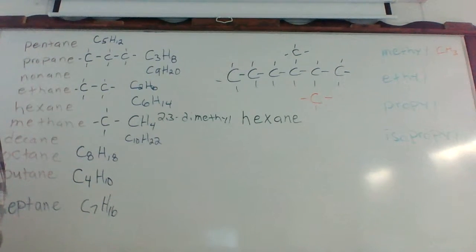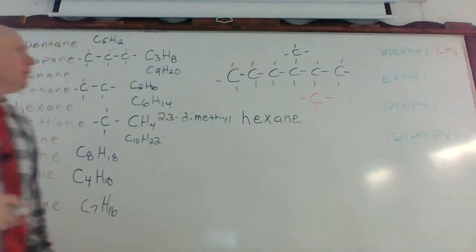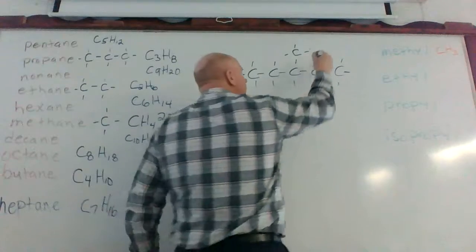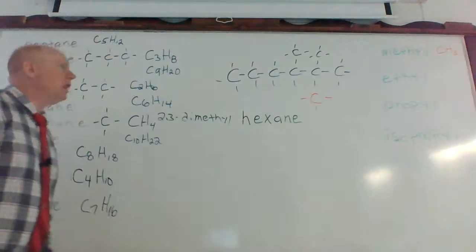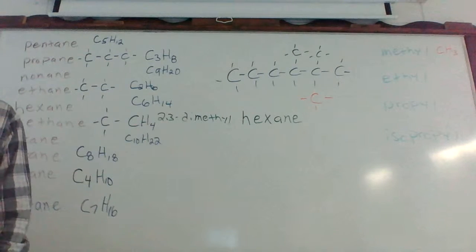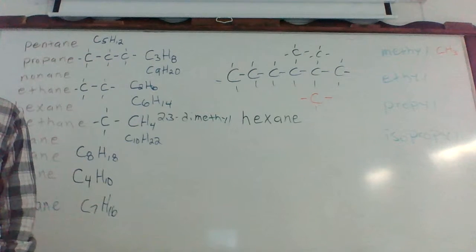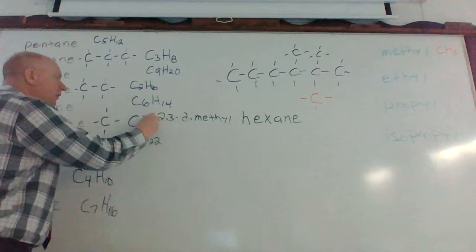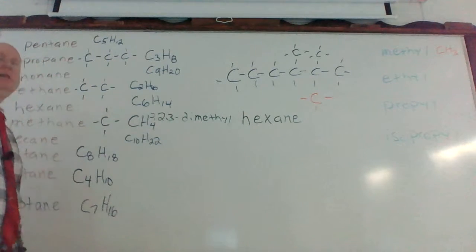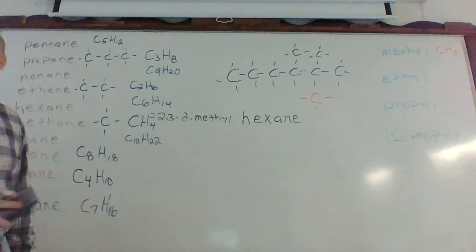Okay, and what about if we would do this? Now we've got 3 methyl groups on there, and they are on which carbons? 2 and 3, but we want to write 2,2,3, not dimethyl anymore, trimethyl.